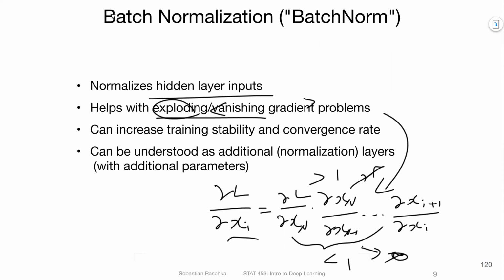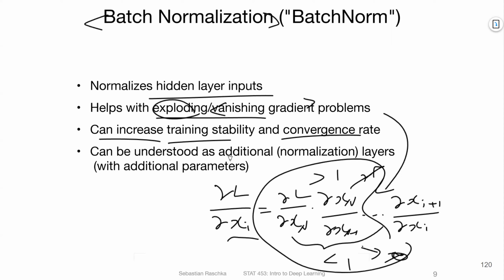However, if we employ batch normalization, then we can increase training stability and convergence rate. We can avoid these kinds of situations, and it can be understood as a normalization layer. What I mean by layer is that batch normalization entails additional parameters, meaning that we have some parameters that can be trained from data.